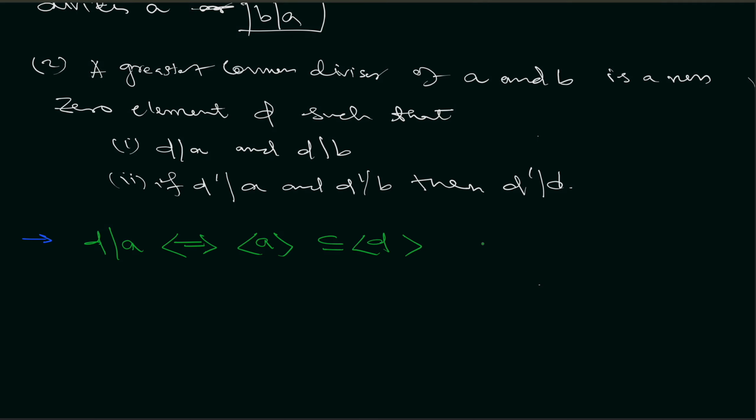Why is this true? Suppose D divides A. This implies A equals D times something, which is inside the ideal generated by D. This implies the ideal generated by A is contained in the ideal generated by D.